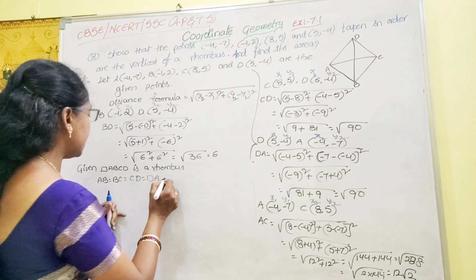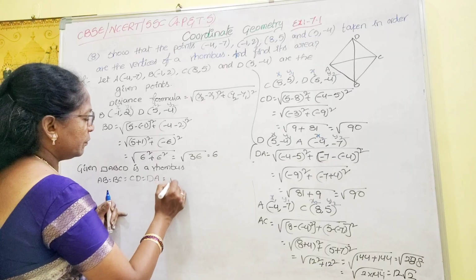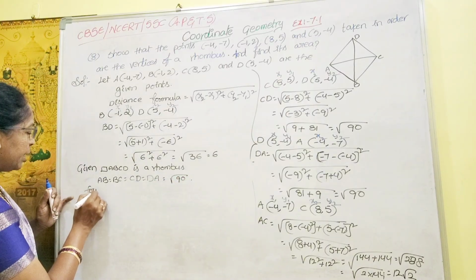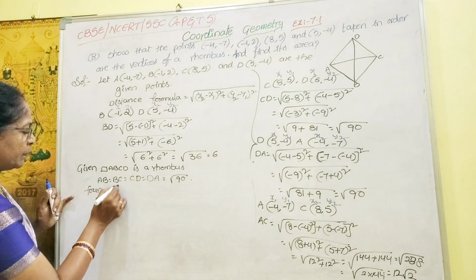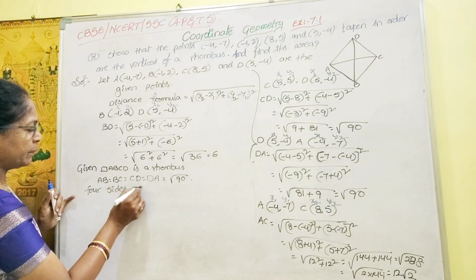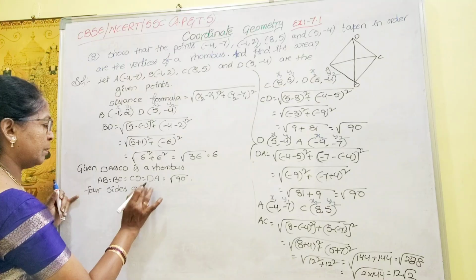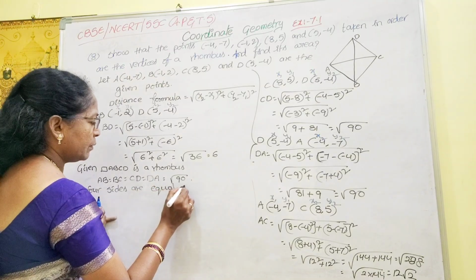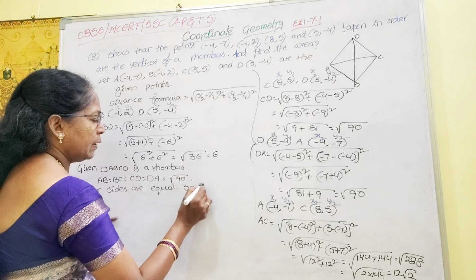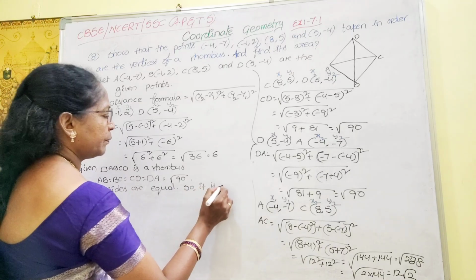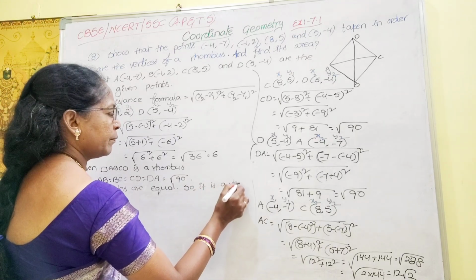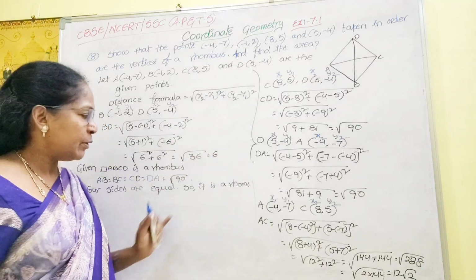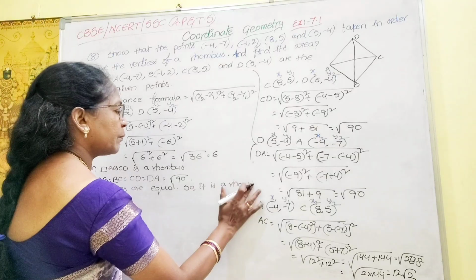Here 4 sides are equal. So it is a rhombus. Yes, the given points are taken in the order of the vertices of a rhombus.